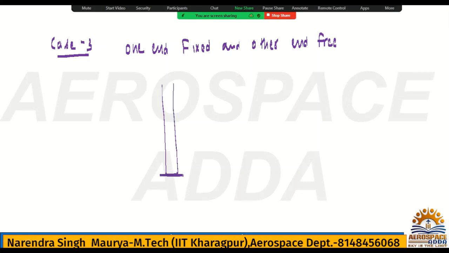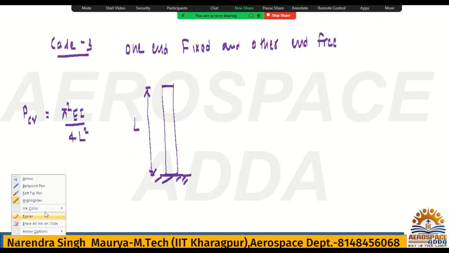One end is fixed, so it will be like this. And the other end is free. Check. What is the length of this? L. What will be the PCR for this? If you calculate, PCR will be pi square EI divided by 4L square.